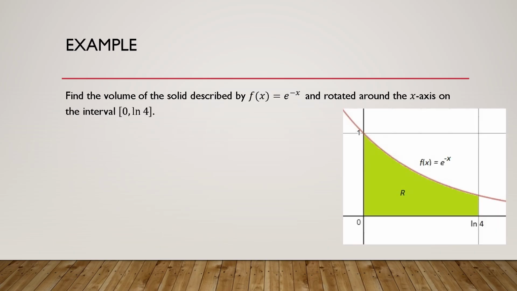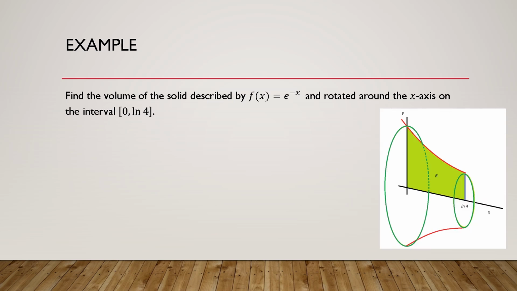As an example, let's find the volume of the solid described by f of x equals e to the negative x, and rotate it around the x-axis on the interval from 0 to natural log of 4. This would be the integral from 0 to natural log of 4 of pi times e to the negative x squared dx. We can start by moving the constant pi outside of the integral.